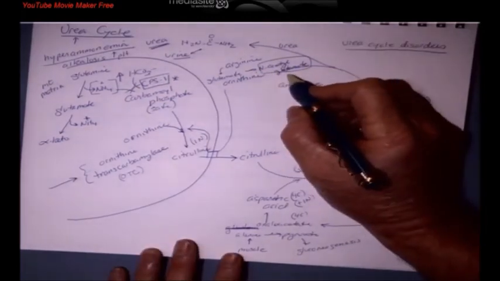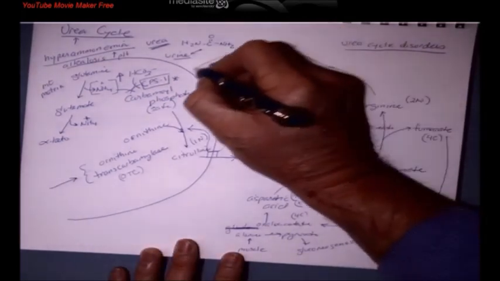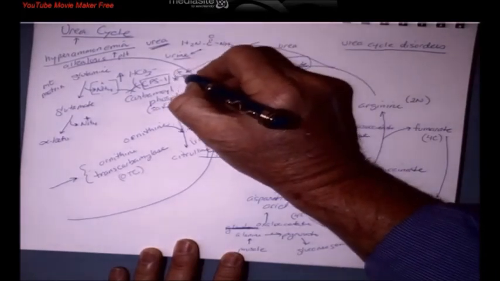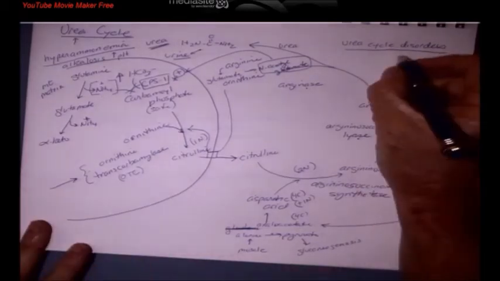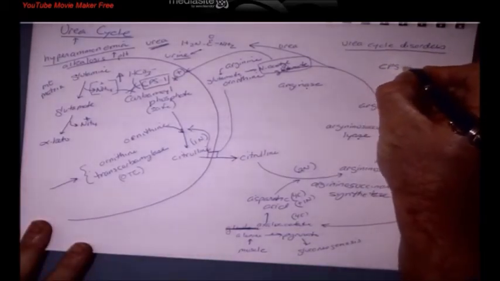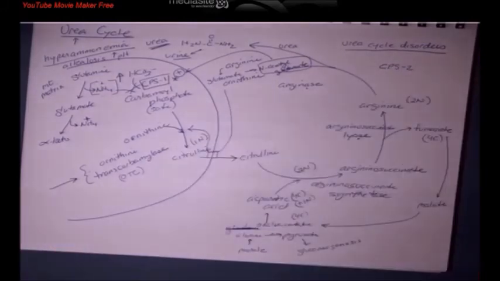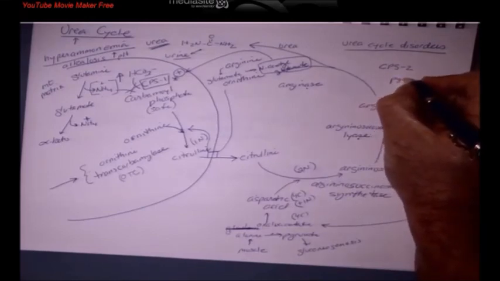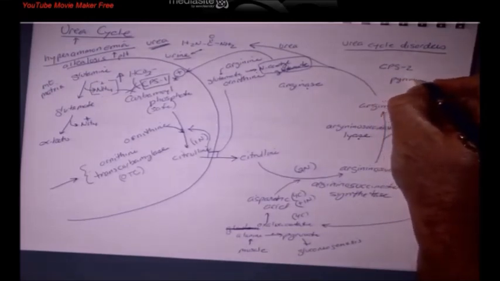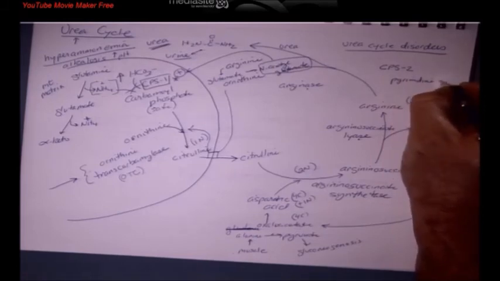Now, N-acetylglutamate is an activator of CPS1. Now, there's another enzyme that we're going to talk about more tomorrow. And that's a little preview, is called CPS2. And this enzyme is involved in pyrimidine synthesis.